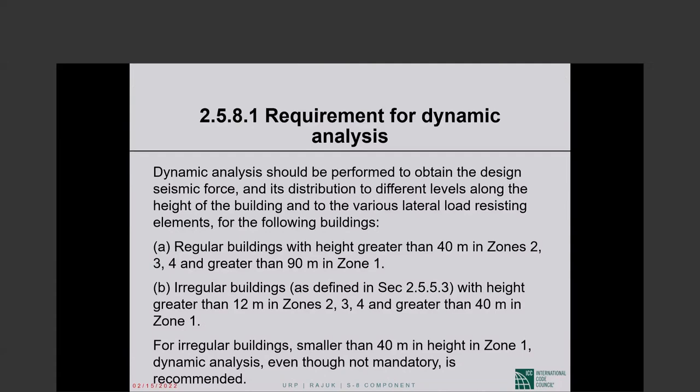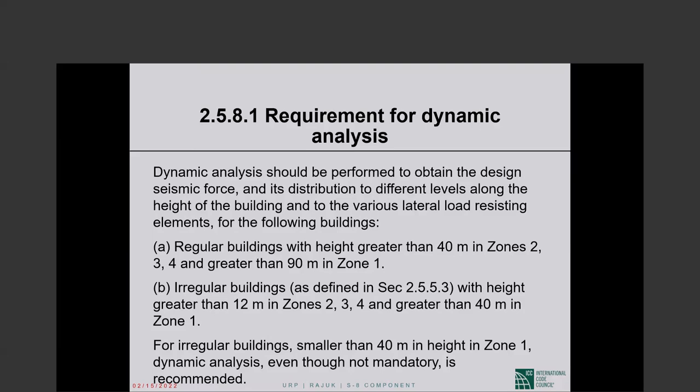So the earlier slide said equivalent lateral force procedure can be used only under certain conditions. This section 2.5.8.1 gives us requirements for dynamic analysis. Dynamic analysis should be performed to obtain the design seismic force and its distribution to different levels along the height of the building, and the various lateral load resisting elements for the following buildings.